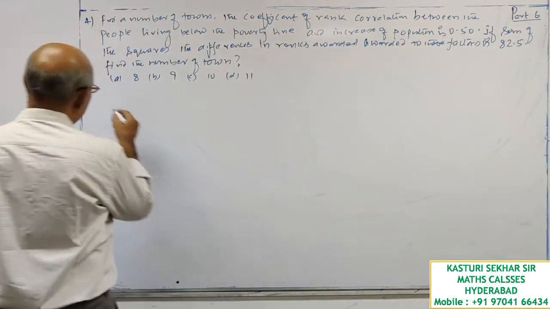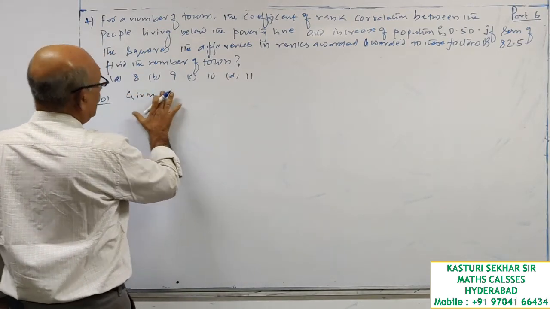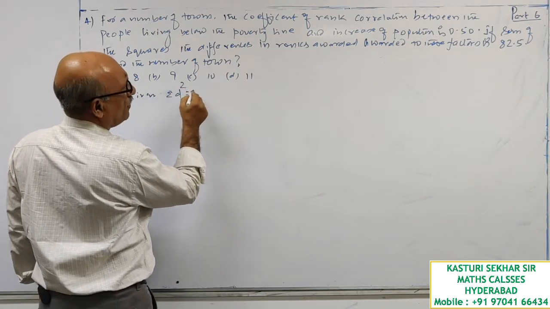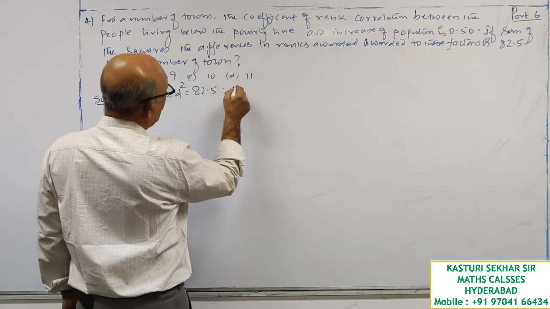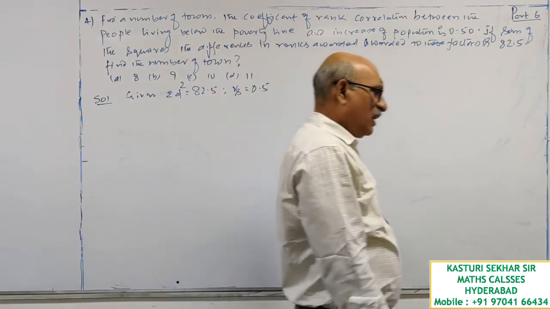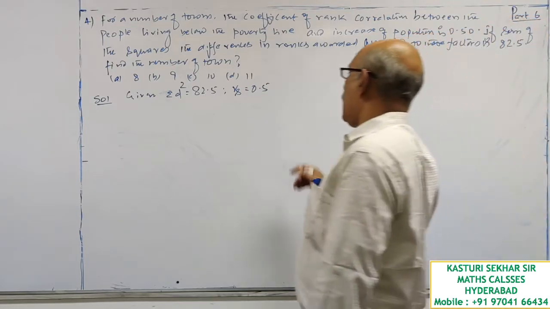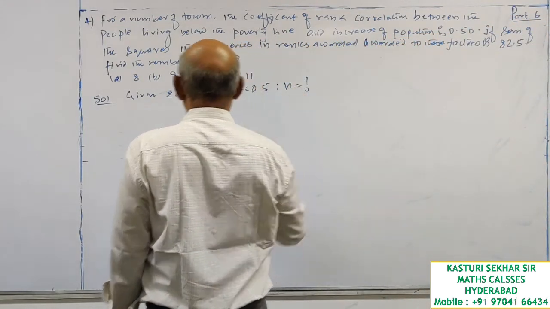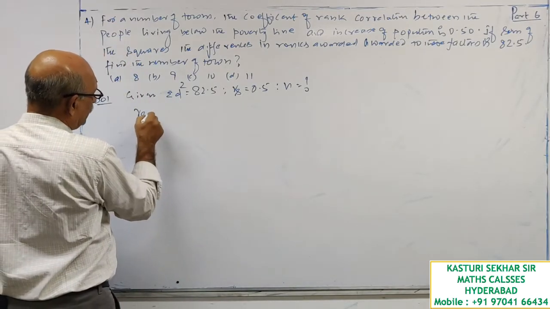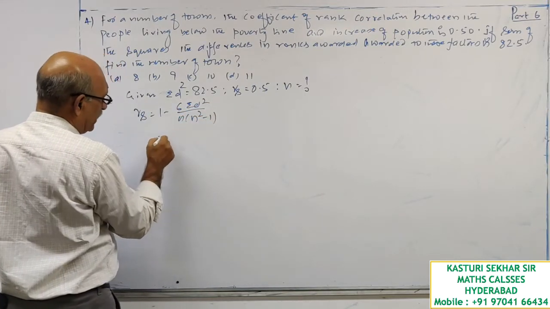Now look at this. Given summation of d square is equal to 82.5, RS is equal to 0.5, and n is the question. So RS is equal to 1 minus 6 into summation of d square divided by n into n square minus 1.